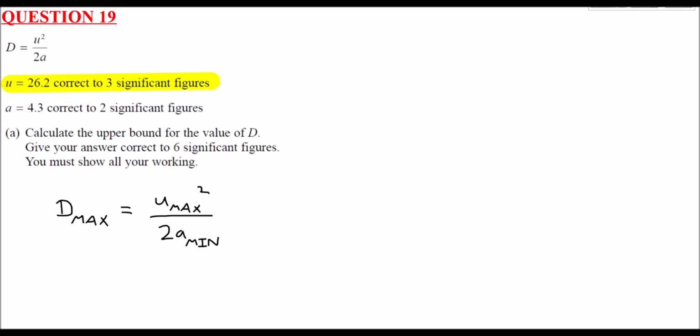If we imagine a number line for u, we're told that u is 26.2. The next number higher than 26.2, which is also to 3 significant figures, would be 26.3.